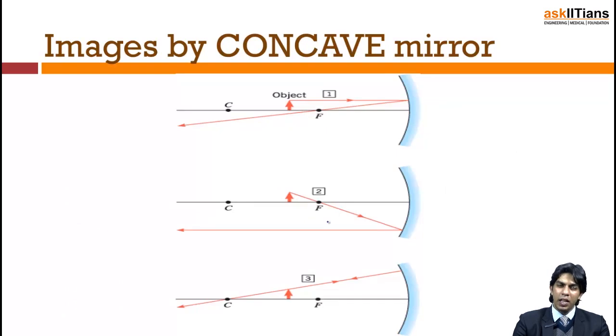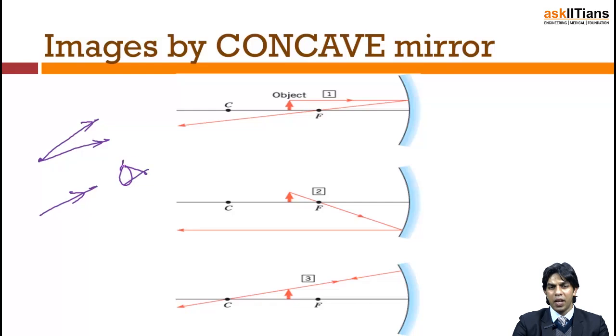Now, in order to study the image formed due to reflection or any other phenomena, I need at least 2 light rays to originate from a particular point. Because if I only have one light ray, and let's say this is an eye, I know it doesn't look like an eye, but let's say this is an eye, then if the light ray is hitting my eye at this particular point, I will perceive that the light is coming from different points along this line.